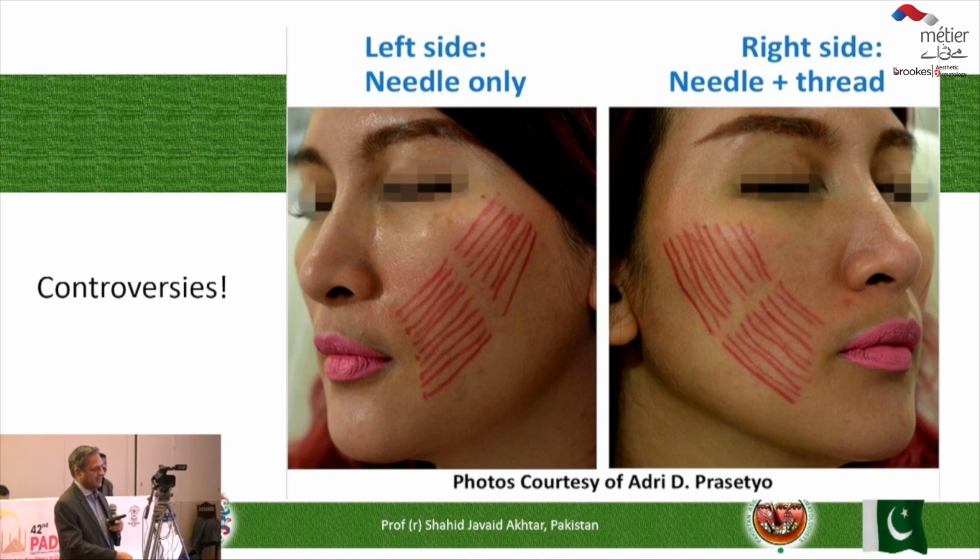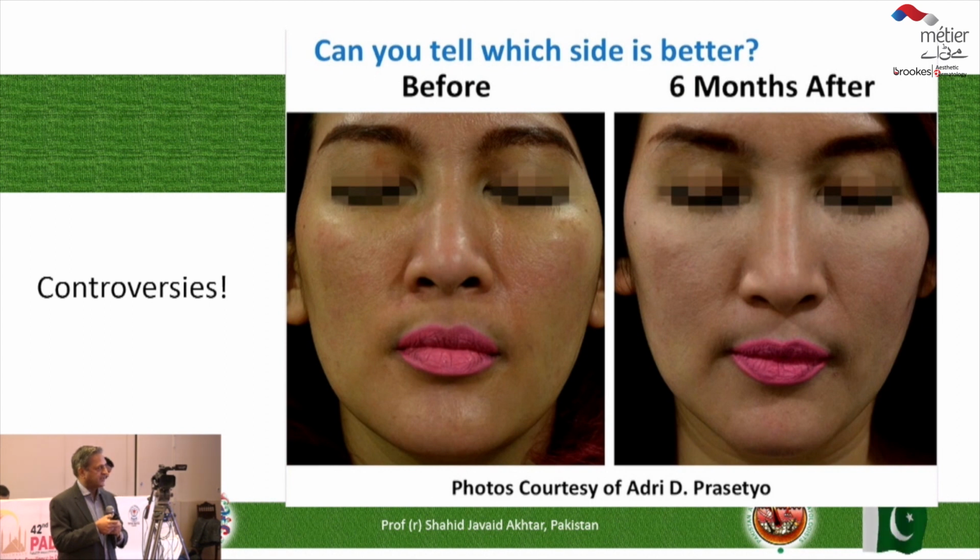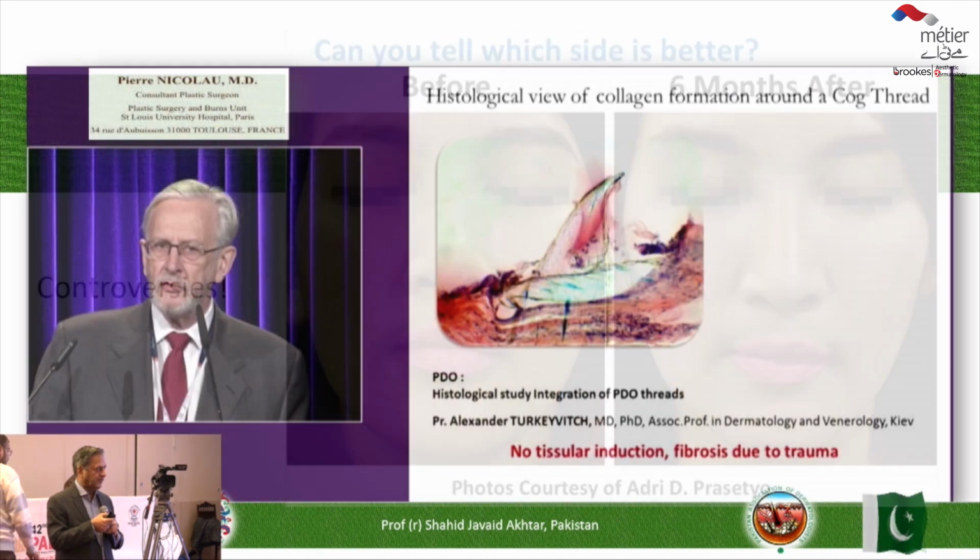This was an experiment done by a Thai surgeon. He inserted a needle on one side and needle and thread on the other side, and after 6 months, the improvement was the same on both sides, meaning the new collagen formation probably resulted only because of injury from the needle. The contribution of the thread was minimal.